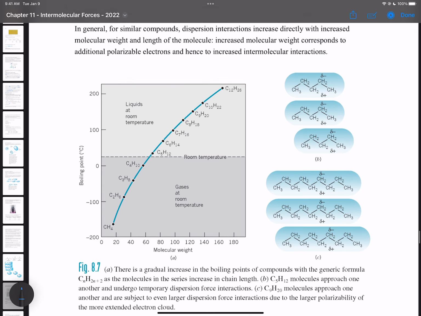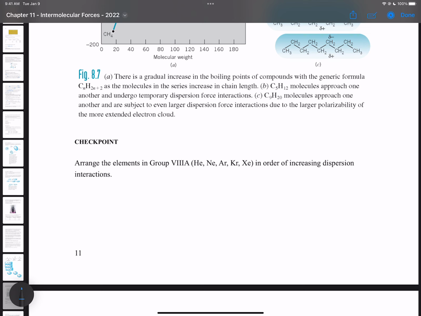Arrange the elements in group 8A, so the halogens, in order of increasing dispersion interactions or induced dipole forces. Okay.